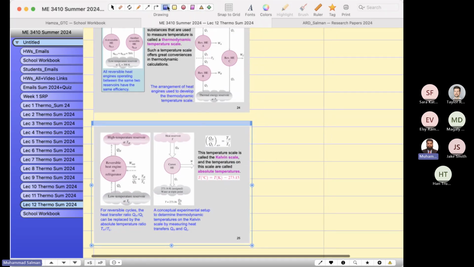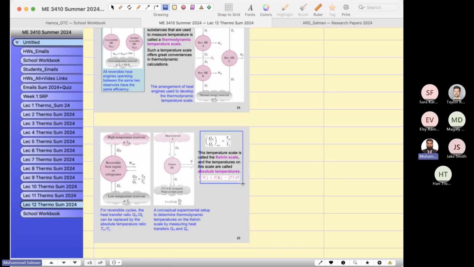This is important. This formula is only applicable for the reversible cycle. The ratio of the heat supplied to the heat rejected can be shown as the ratio of the temperature of the high temperature reservoir to the low temperature. This is the high temperature reservoir, this is the work output, and this is the low temperature.